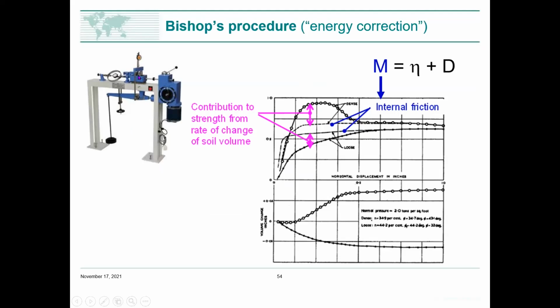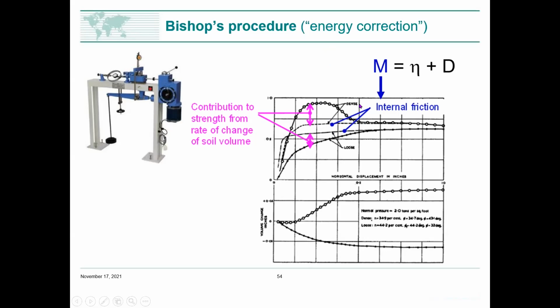That top platen is going to rise up. As that top platen rises up, it's going to lift a weight. So it's doing work. And so in the day, they called this an energy correction. What Bishop has done here is one of his shear box tests, and that's a loose shear box test. He's got 2 tests, and he's applied the Taylor energy correction to compute what he calls the internal friction, which is what we would actually call M.